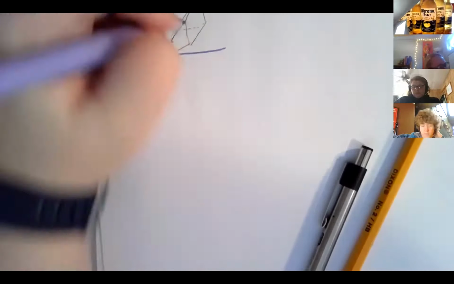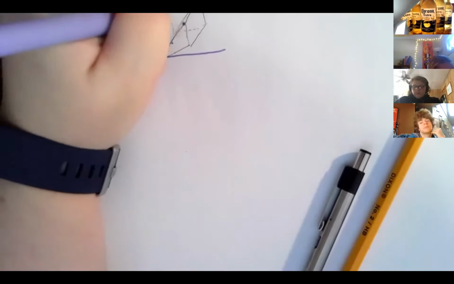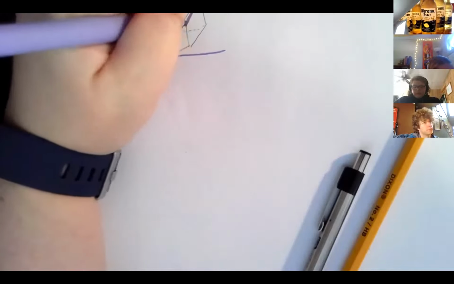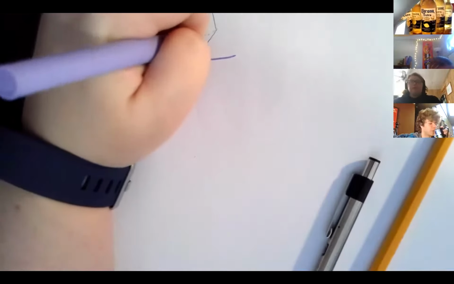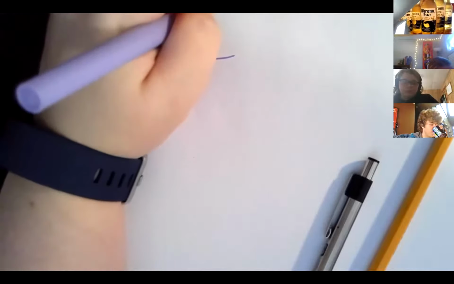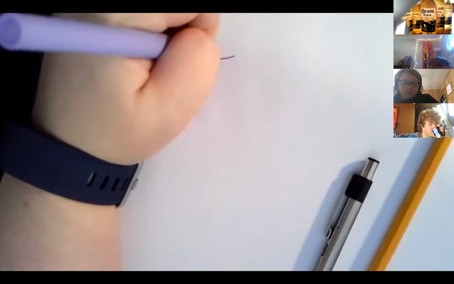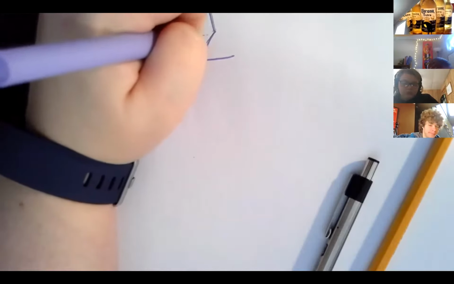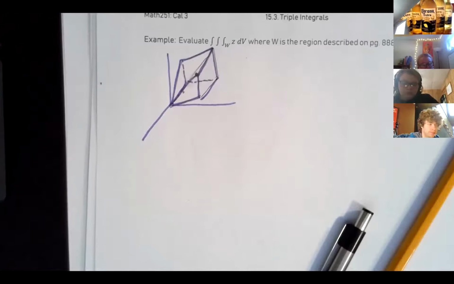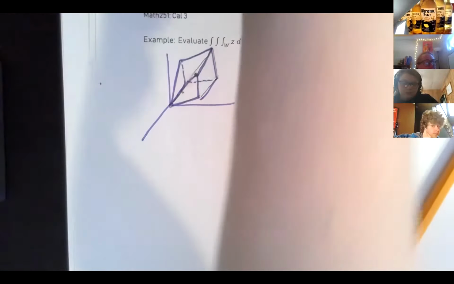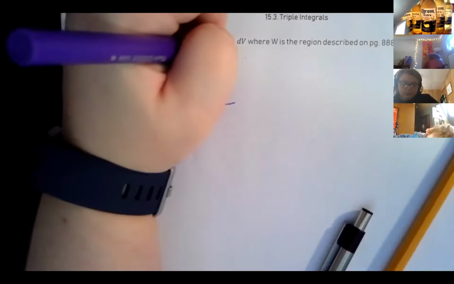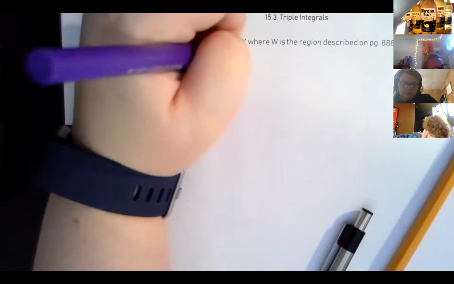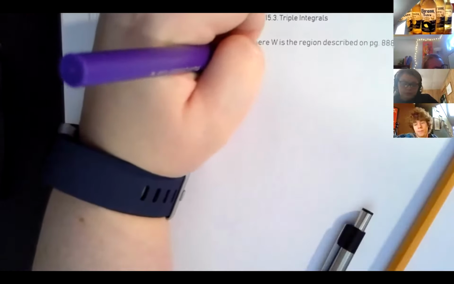So I'm going to outline it. There we go. So this top point, z equals 3x plus 5.